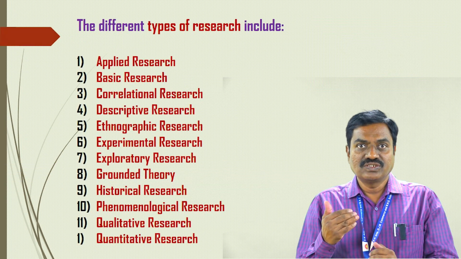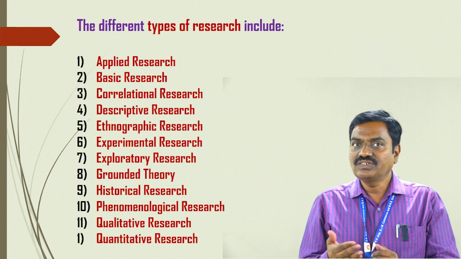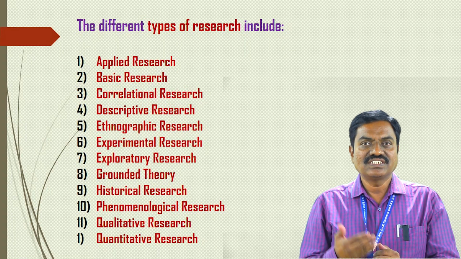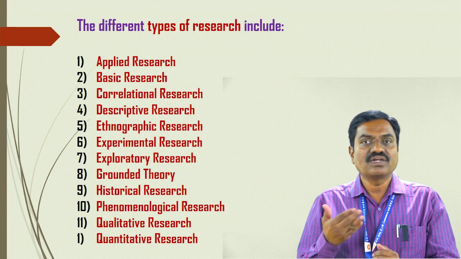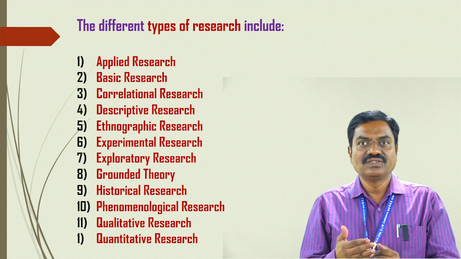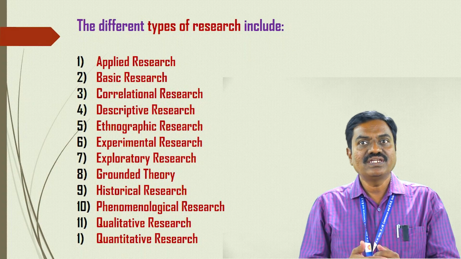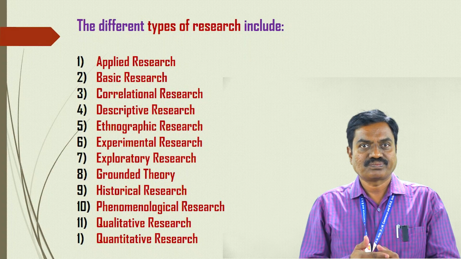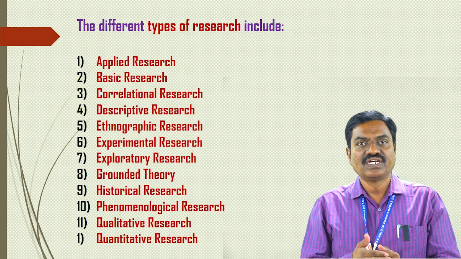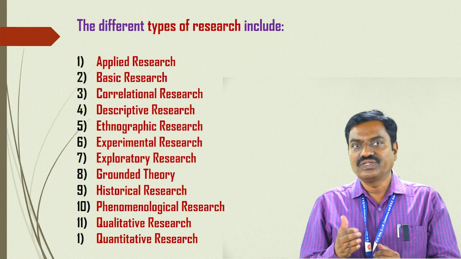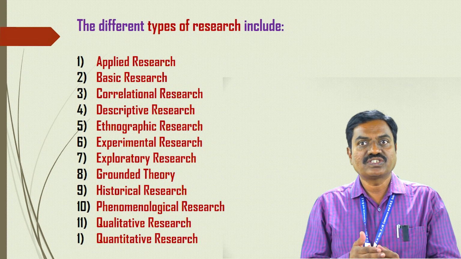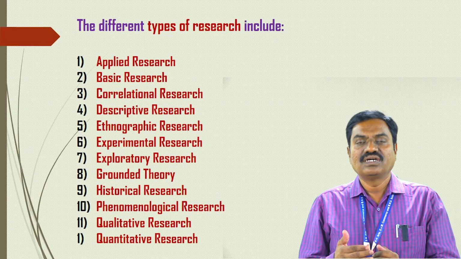The different types of research include applied research, basic research, correlational research, descriptive research, ethnographic research, experimental research, exploratory research, grounded theory, historical research, phenomenological research, qualitative research, and quantitative research. We shall begin our discussion with the first type, that is applied research.